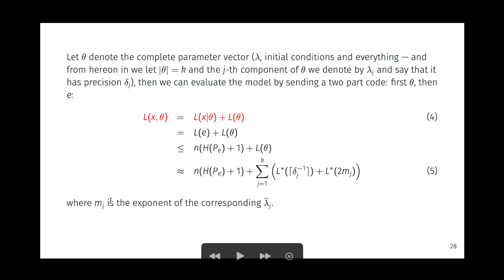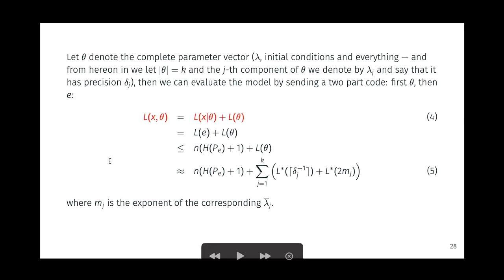Okay, so the L of E is going down with model size because the model is getting better and the errors are getting smaller. But when you say the errors are getting smaller, you mean that the variance of the error distribution is getting smaller? Yeah, you're not counting the actual amount of the error.